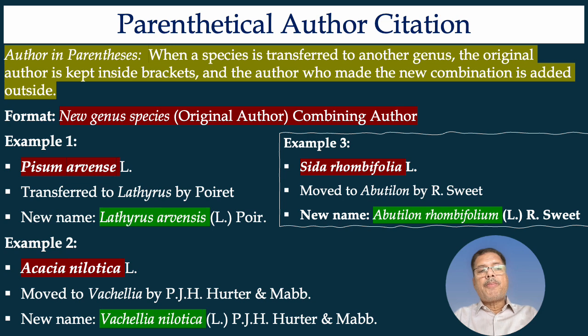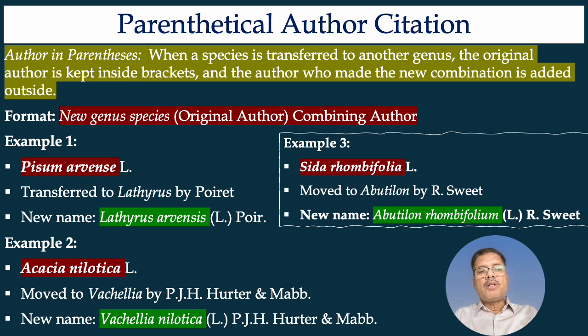For example, Pisum arvense, described by Linnaeus, was later transferred to Lathyrus by Poiret, giving the new name Lathyrus arvensis. Similarly, Acacia nilotica L. was moved to Vachellia by P.J.H. Hurter and Mabb., resulting in Vachellia nilotica.